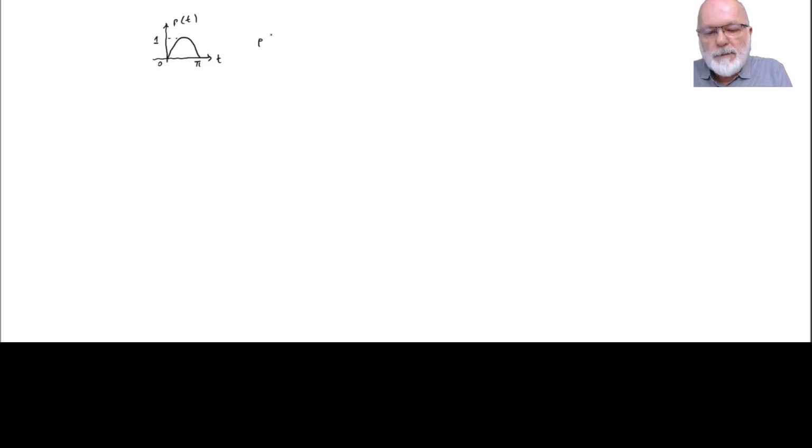So P of t is equal to sine t for t between 0 and pi, and 0 otherwise. So we have this single pulse.